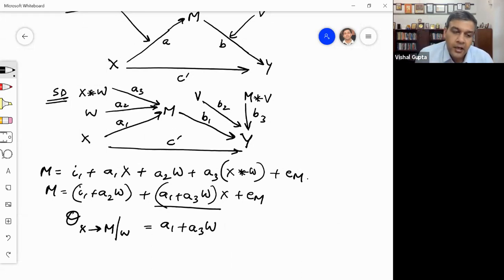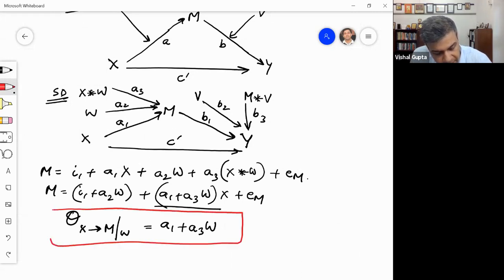This is my effect of X on M, and that is conditional on W. So this becomes my first equation here.